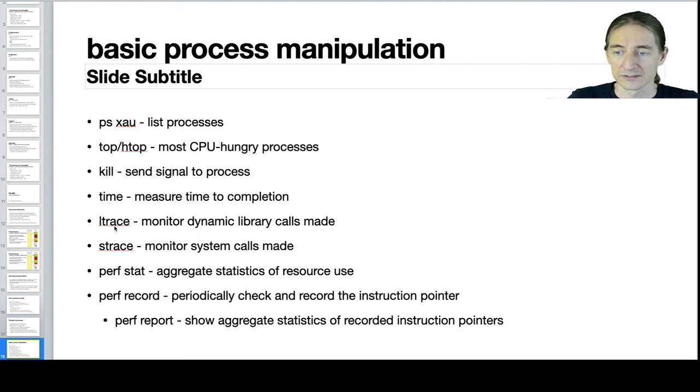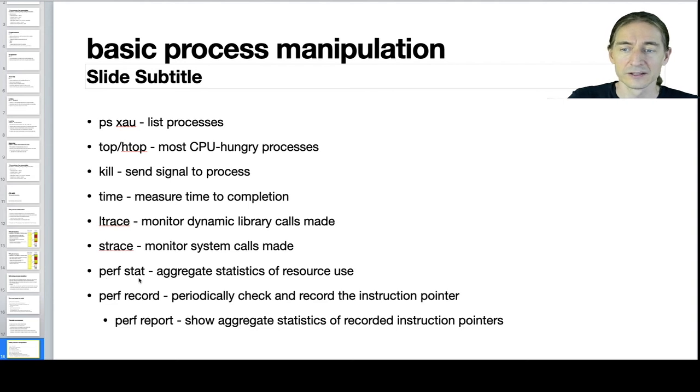And then strace monitors system calls. So for printf, for example, you'll catch printf on ltrace, and then you'll catch with strace a write system call. That's the one that printf uses to actually access the screen or the file descriptor.